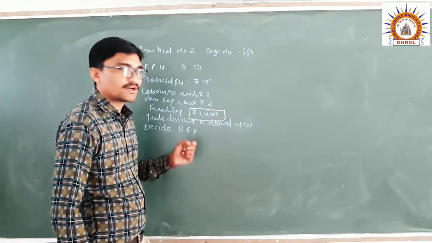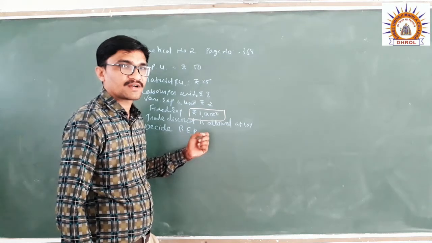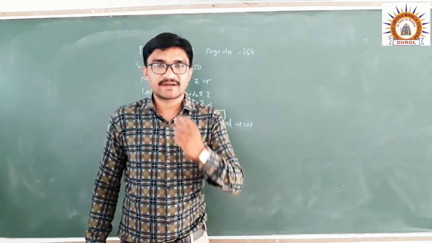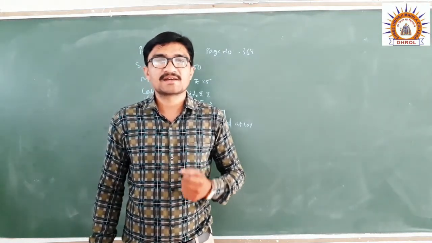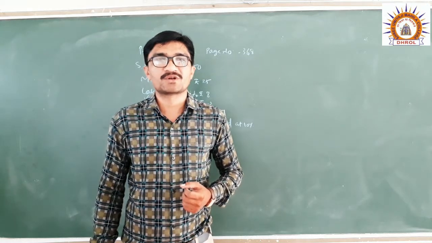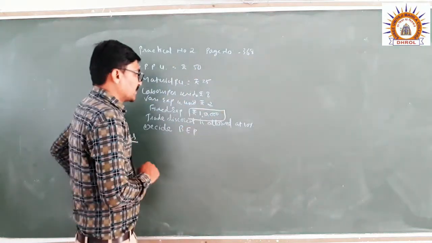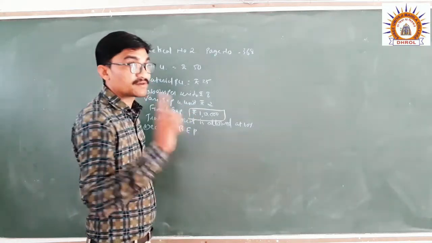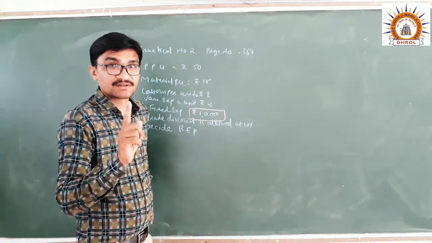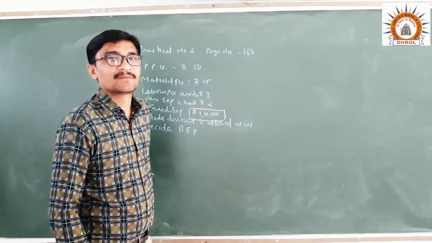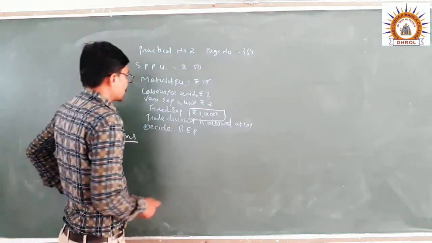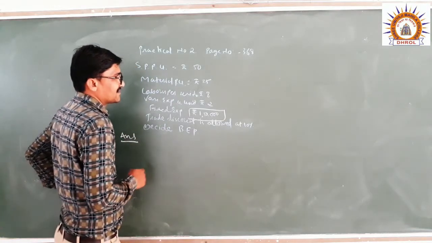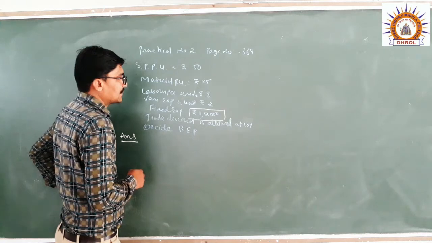Because if you want to find out the break-even point, F stands for fixed expense, and the selling price per unit and variable cost per unit are also required. So the fixed expense is required in terms of rupees, while you calculate the break-even point in terms of units as well as in terms of rupees as break-even sales.